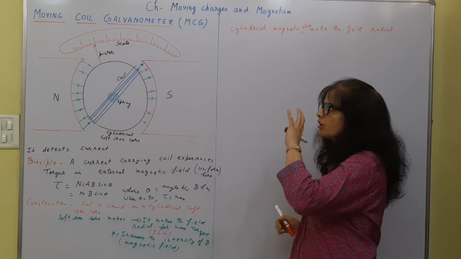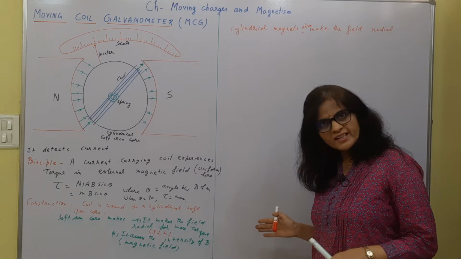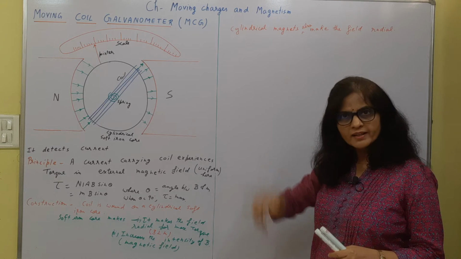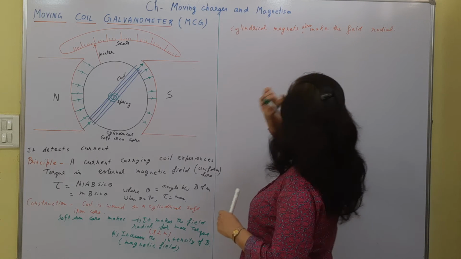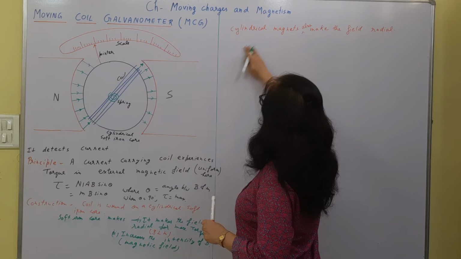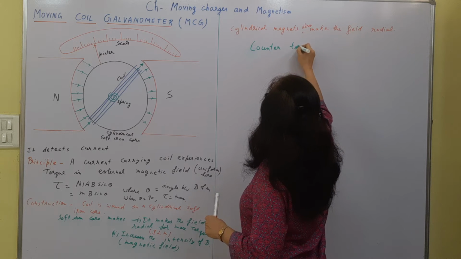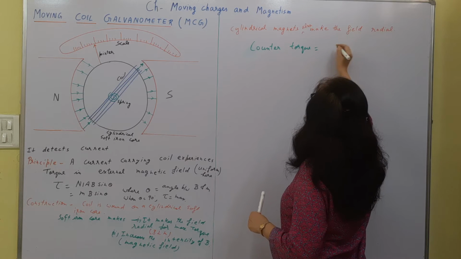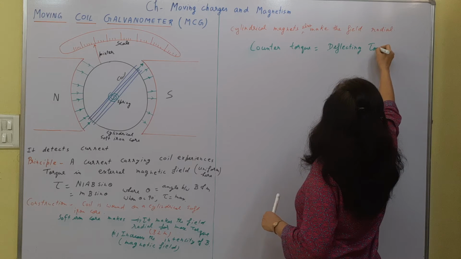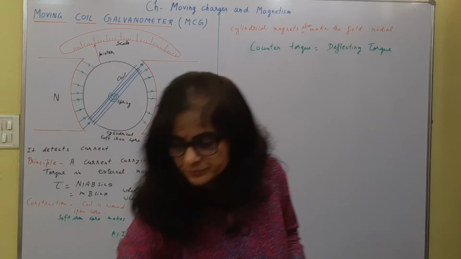So when this counter torque, or you can say the restoring torque, is equal to the deflecting torque, then it remains stable at a position depending on the current flowing in the coil. So you can say that counter torque, the word I am using, is equal to the deflecting torque, right? Now this is about the working.